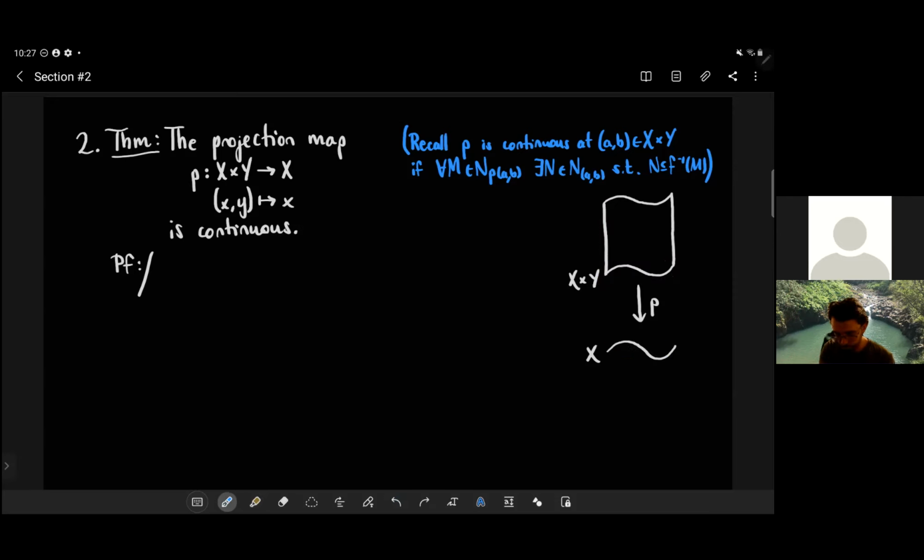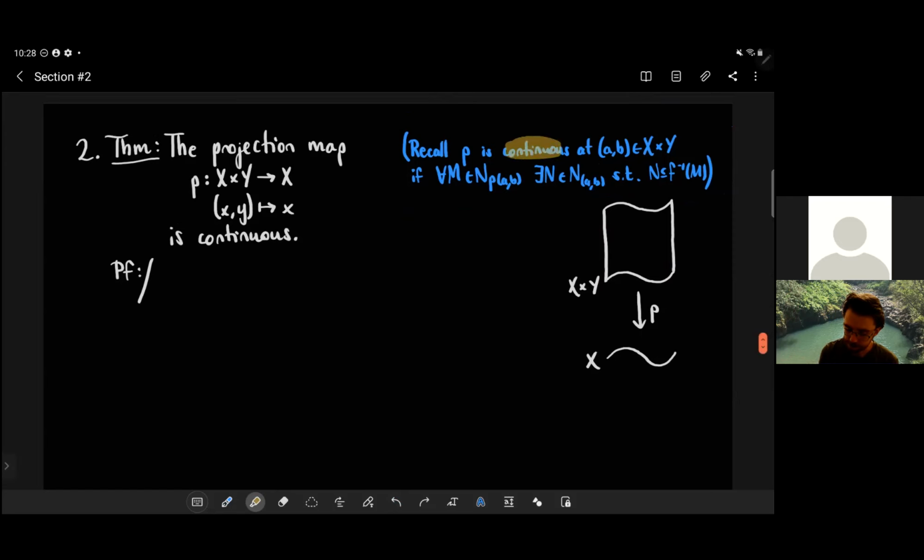So I've written out one of our definitions here, and we have a bunch of equivalent definitions for continuity, which is why things can sometimes get confusing. But the one I'm going to use is one of the nicer ones. It doesn't involve any epsilons or deltas. It just involves neighborhoods and pre-images.